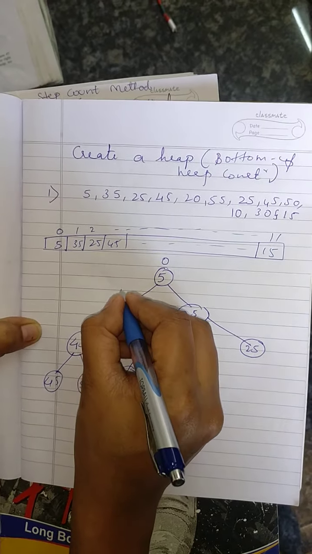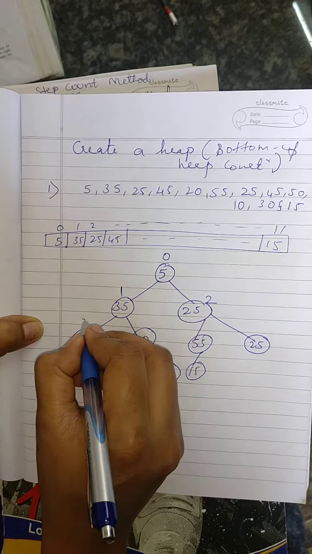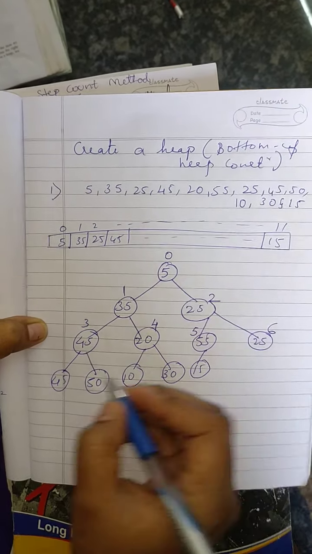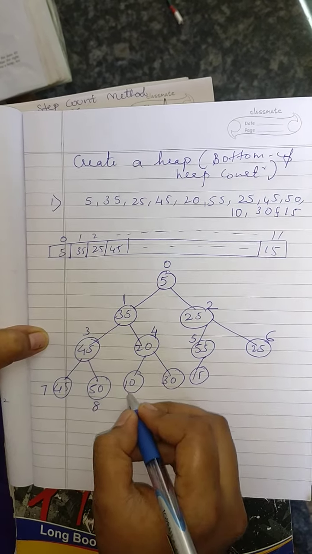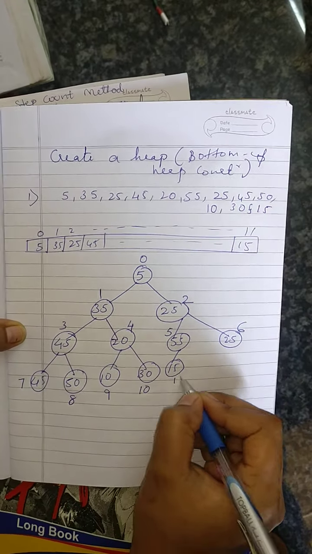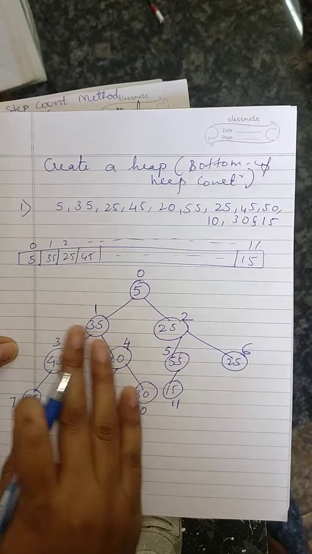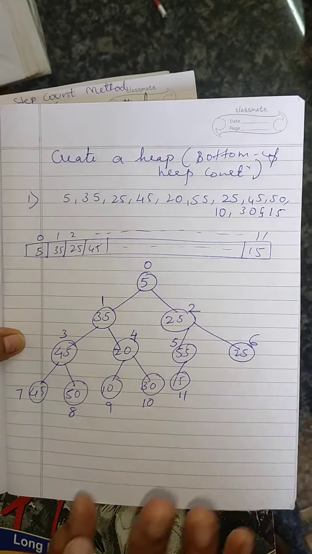Represent 0, 1, 2, 3, 4, 5, 6, 7, 8, 9, 10 and 11, level by level.